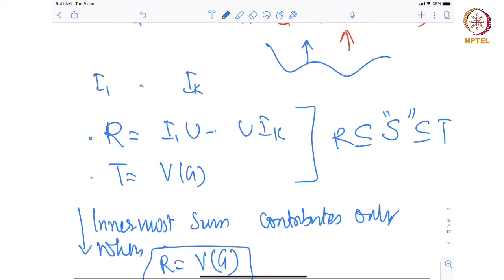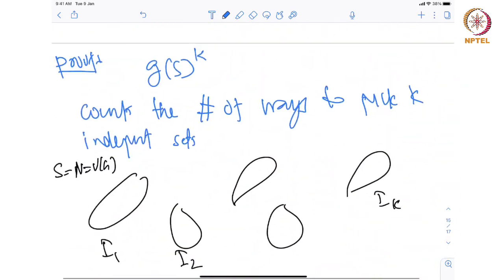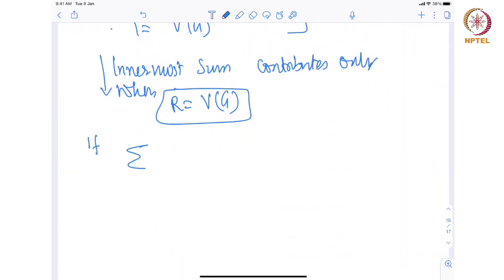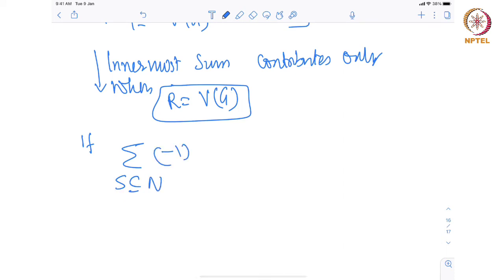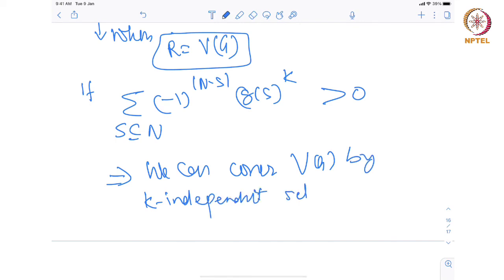So we have learned that if the summation over S subset of N of minus 1 to the power n minus S times g of S to the k is greater than 0, then we can cover the vertex set of G by k independent sets.